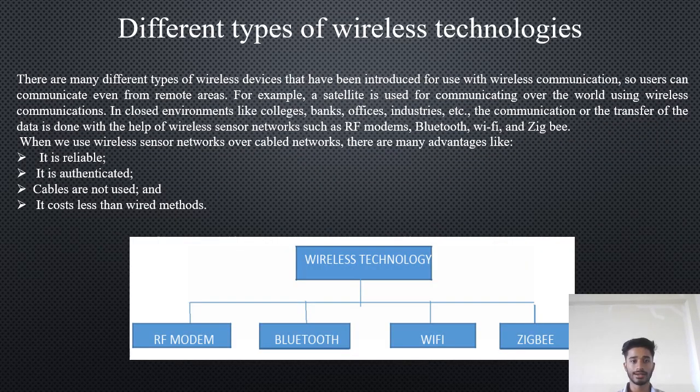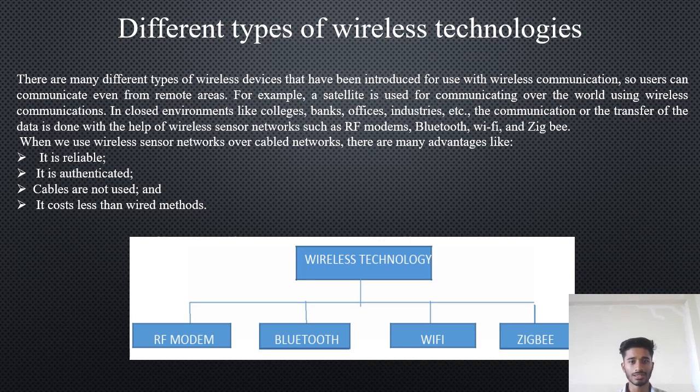Moving on to the next slide, we're going to discuss the different types of wireless technologies. There are many different types of wireless devices used with wireless communication, so users can communicate even from remote areas.